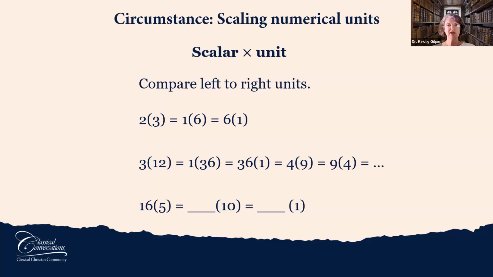But I want us to think for a minute that if I have two numbers, a 2 and a 3, I can think of 2 as my scalar and 3 as my unit. Do we ever do that? When would 3 be our unit?